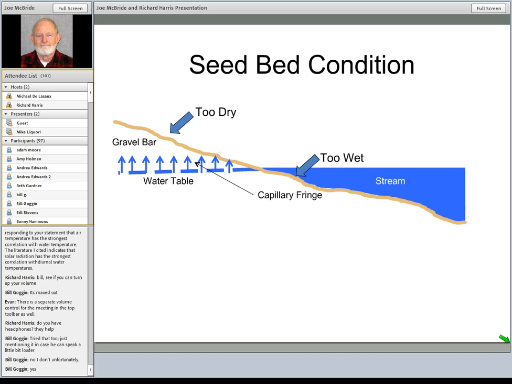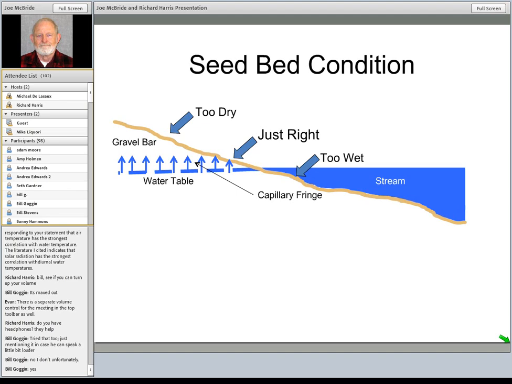This results in a condition that's favorable for growth in that riparian zone, but above that riparian zone, the situation is too dry for germination and establishment of seedlings, and of course below that riparian zone, things are too wet, I should say, within the area that's flooded by the stream.